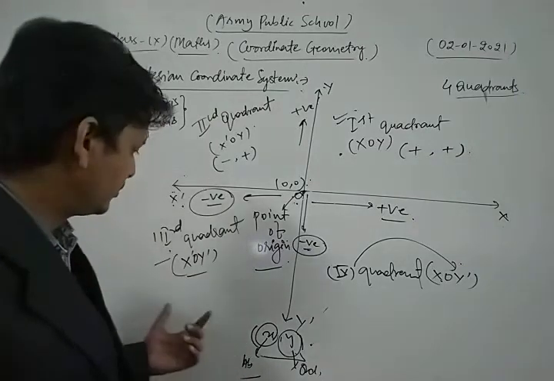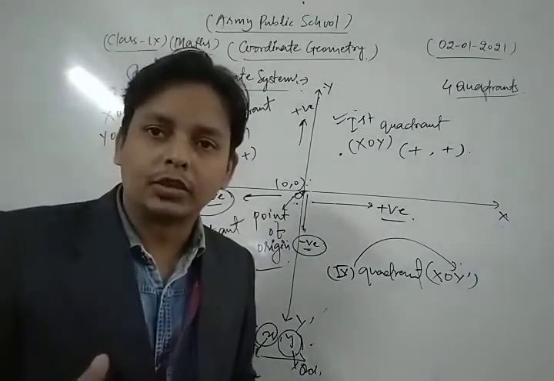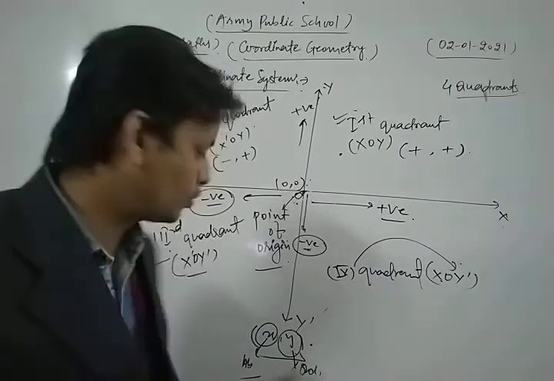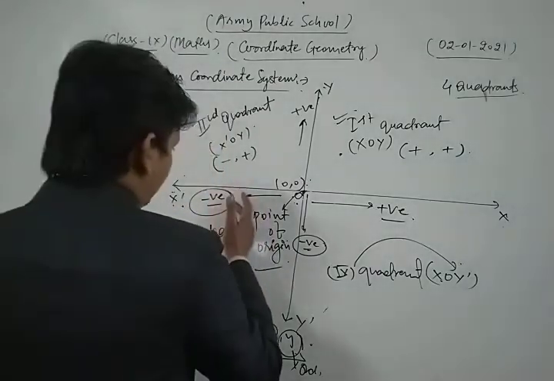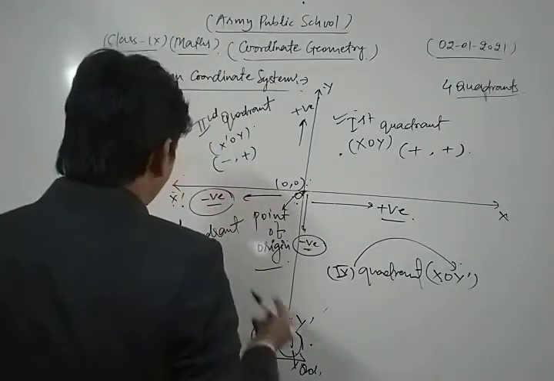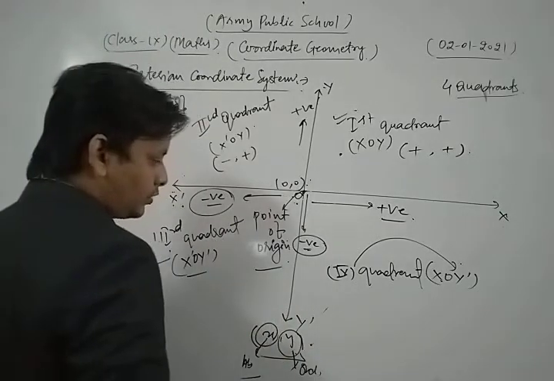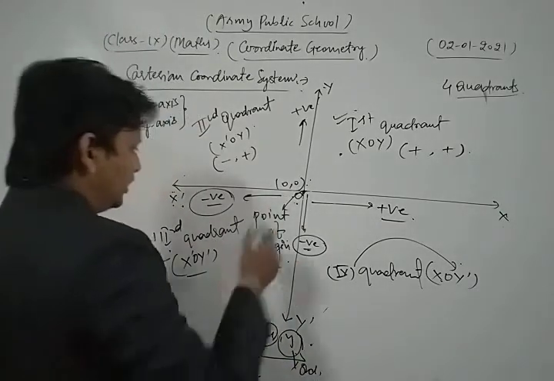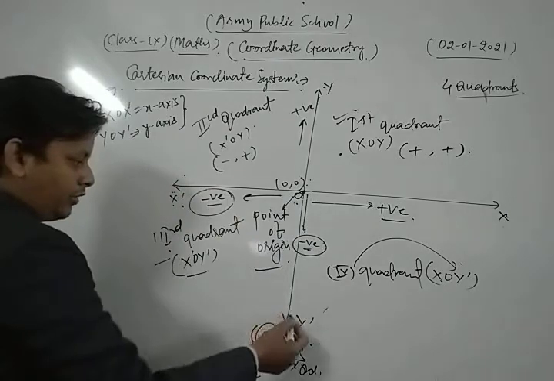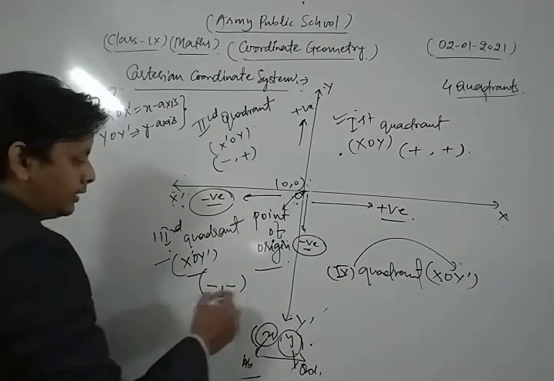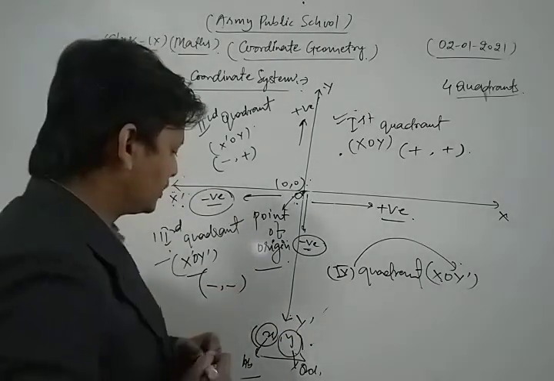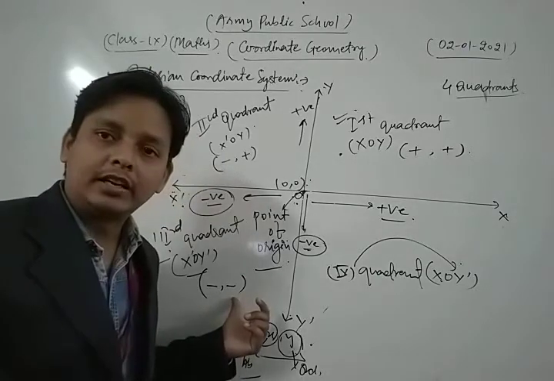Dear friend, in the third quadrant both the abscissa as well as ordinate are negative. This is the negative of x, this is negative of y. So in the third quadrant both the abscissa and ordinate are negative.